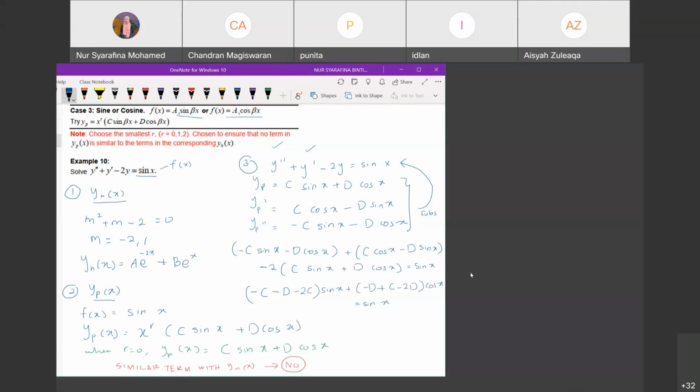Then you can find the values of C and D. For those with sine, compare with sine. So this one is minus 3C minus D equals 1, and another one is C minus 3D equals 0. Then you can find your C and D.